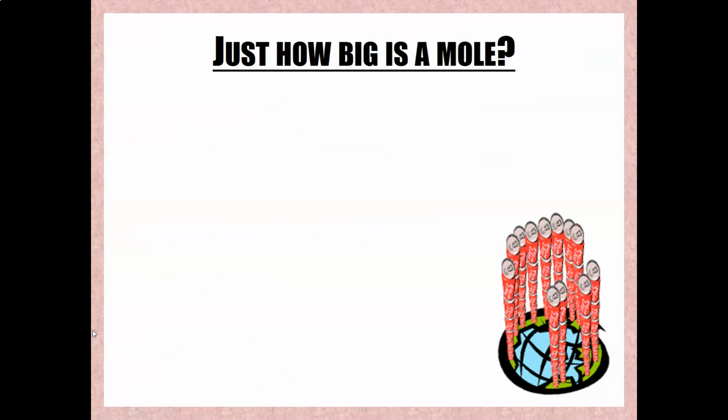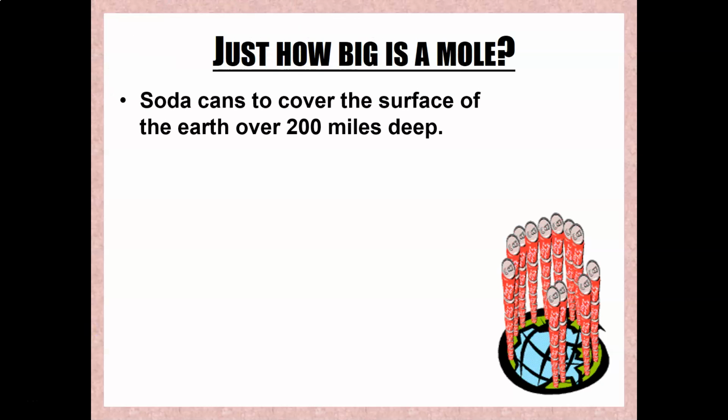So I like to just give you a couple of comparisons because this number is so large that our mind can't actually wrap around it. It's a pretty big number. So if you had a mole of soda cans, it would cover the entire surface of the earth over 200 miles deep.